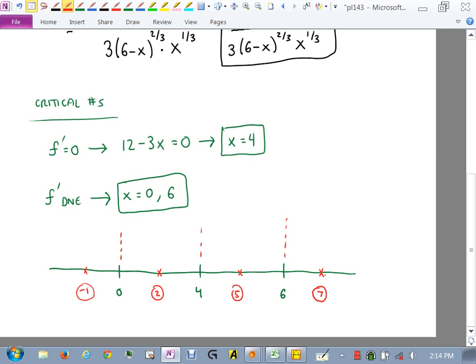And those numbers, I always circle my test points so that I don't confuse them with my actual critical numbers. That way I can distinguish between the two.